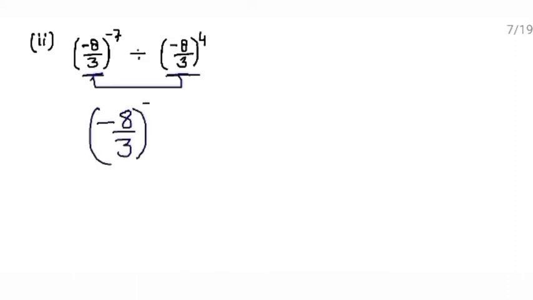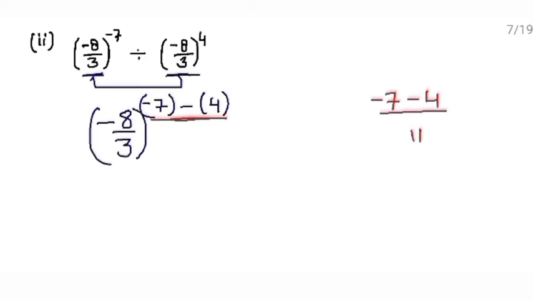Subtract the powers, minus 7 from this, subtract 4. Now solve this part. Minus 7 minus 4, signs are same, so the values will be added. 7 plus 4 is 11 and the sign will be of the greater numeral, which is minus. So its value will be minus 11. So right here minus 8 upon 3.